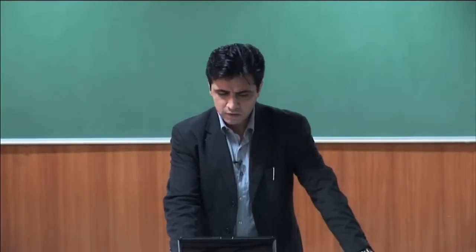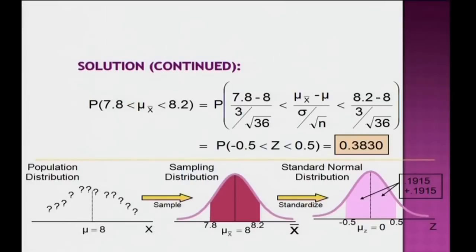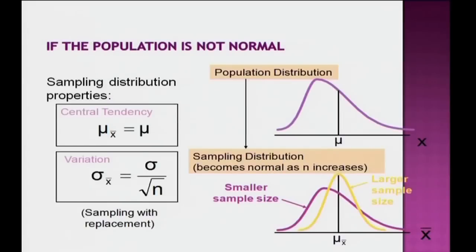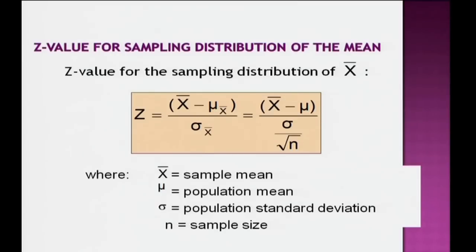So, our requirement here is that we need to calculate the probability between 7.8 and 8.2. Before that we would be using the z value we discussed here: x bar minus mu by standard error. So, we will first need the standard error, and then using this z for x bar equals 7.8 and for x bar equals 8.2, we can calculate respective z values.